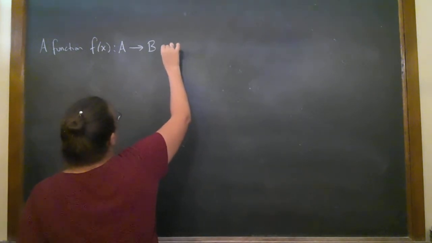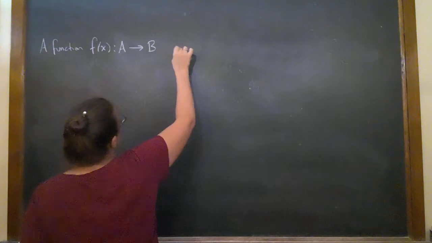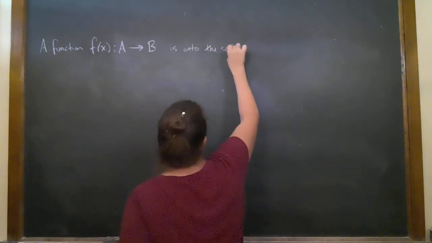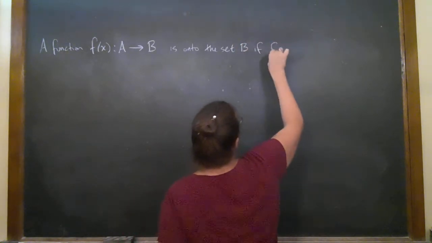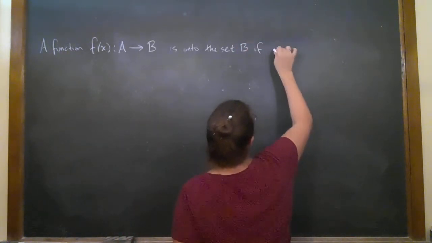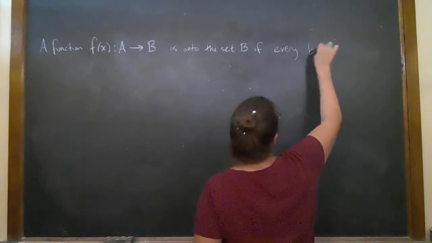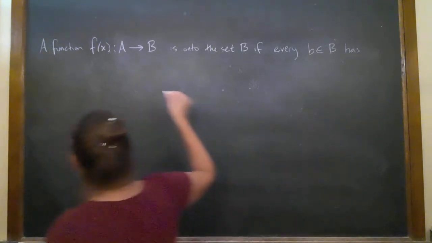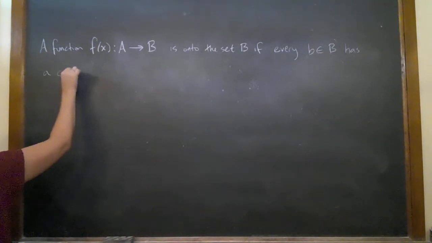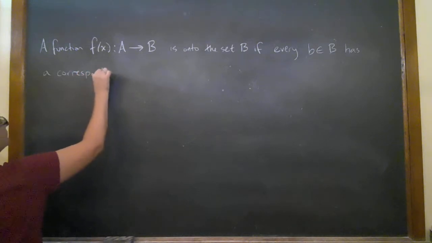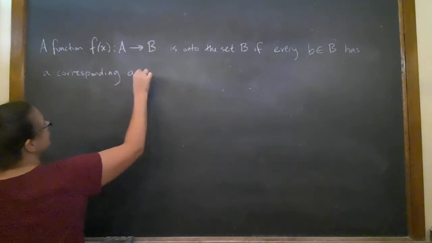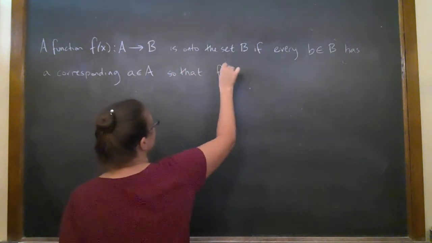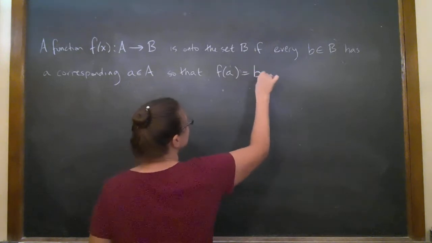So the function f from A to B is onto the set B if every b, little b, in the set B has a corresponding a in big A, so that f of little a is little b.